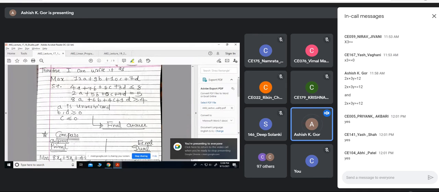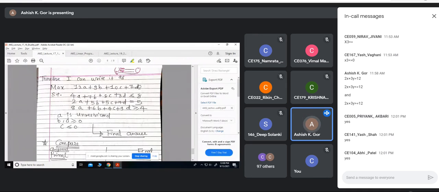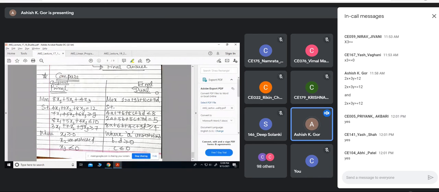So this is the maximization problem. These three are constraints. A is unrestricted, B and D are non-negative, C is negative or 0. This is the final answer, which is the same as what we have obtained here.